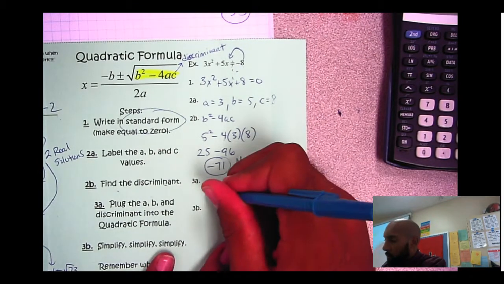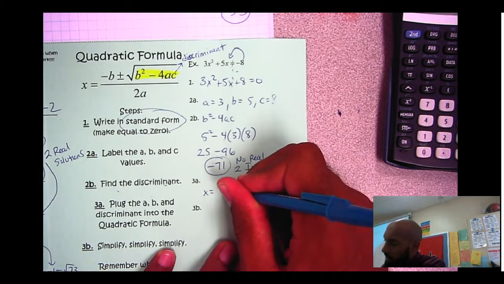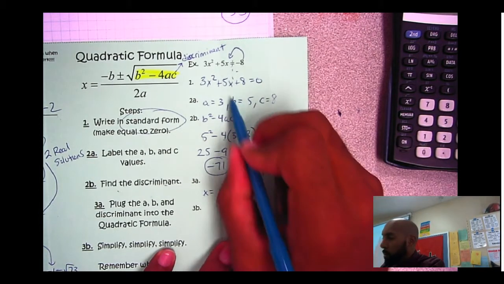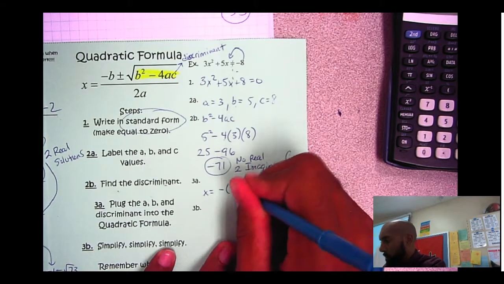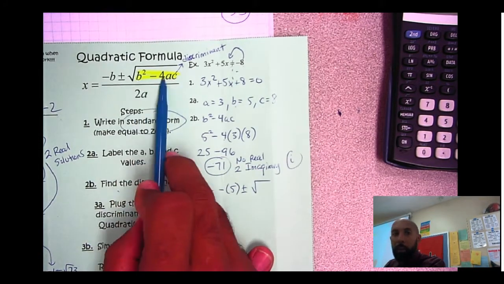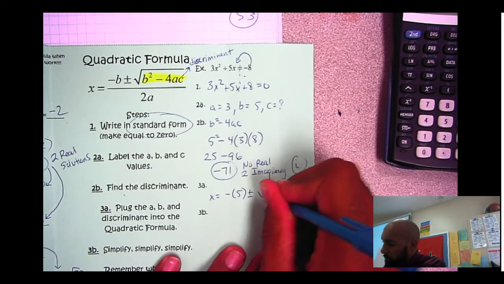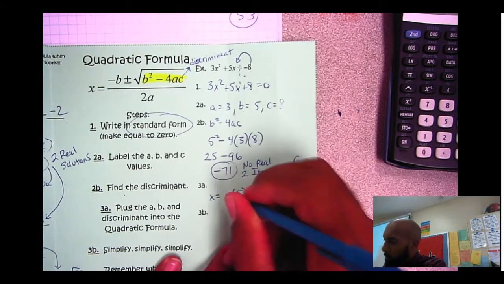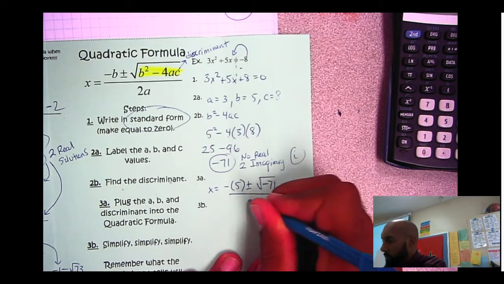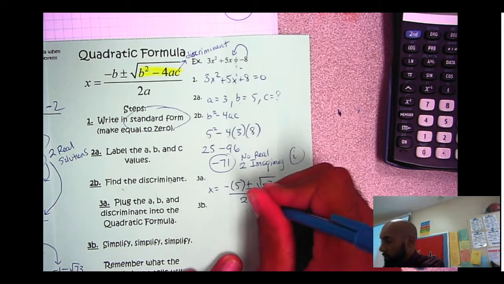So now let's write out the formula. x equals, again, negative b, so negative 5, plus and minus. Now remember we have b squared minus 4ac, but we already did that, so we're going to put that negative 71 inside, over 2 times a, and our a is 3.